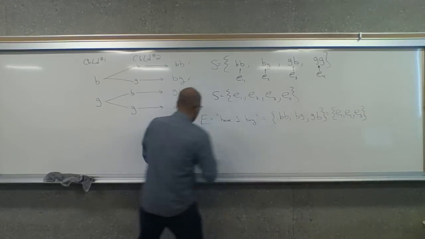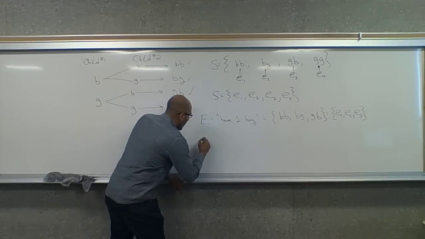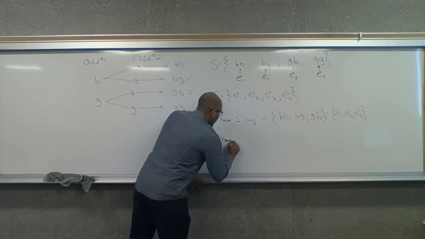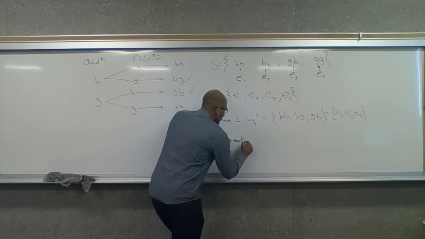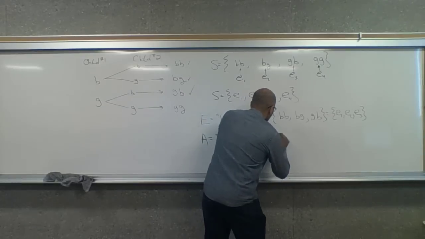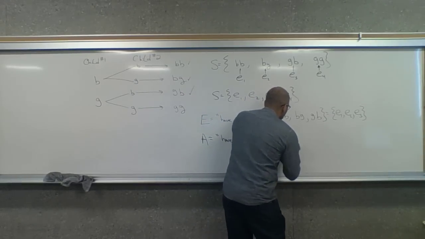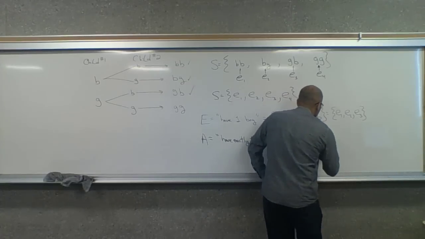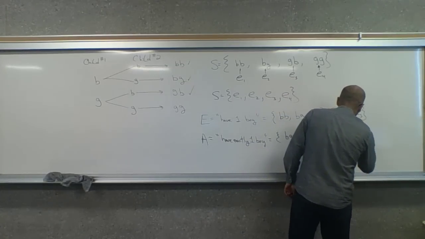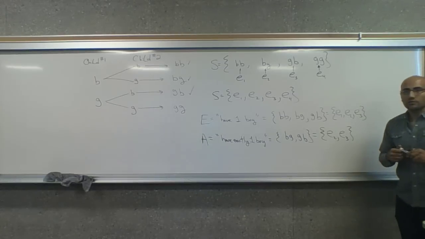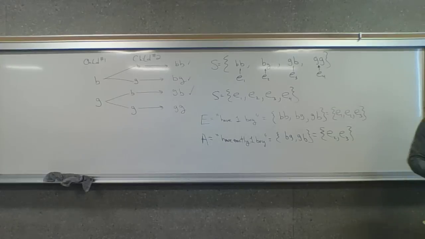On the other hand, if we had another event, let's say capital A, have exactly one boy, then that can only be described by boy-girl, girl-boy, which is E sub 2 or E sub 3. Any questions? Good? Okay, so those are events.